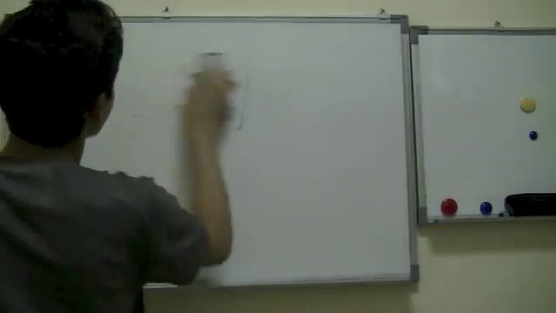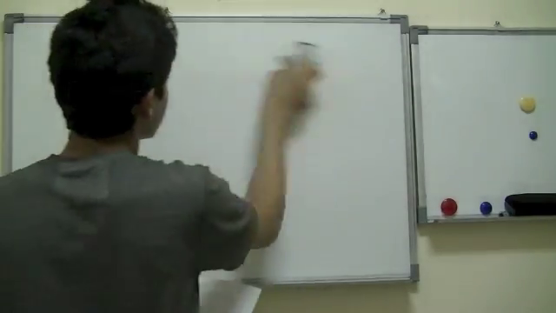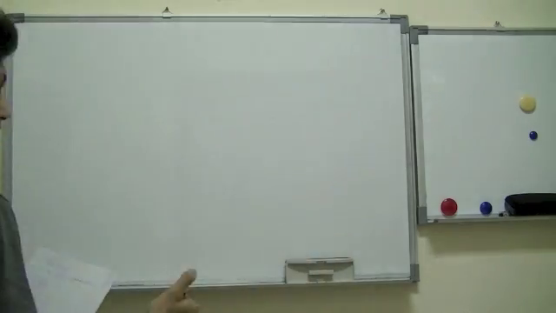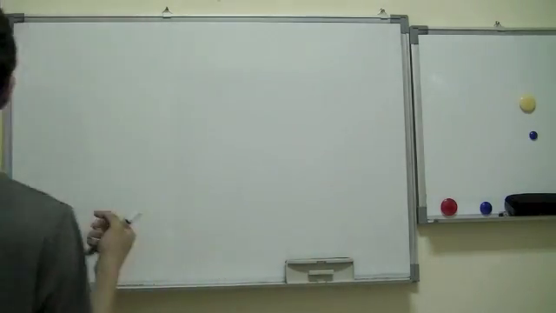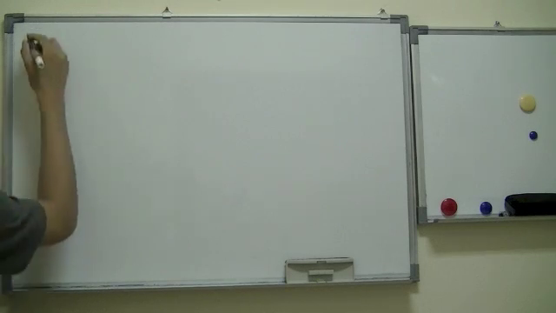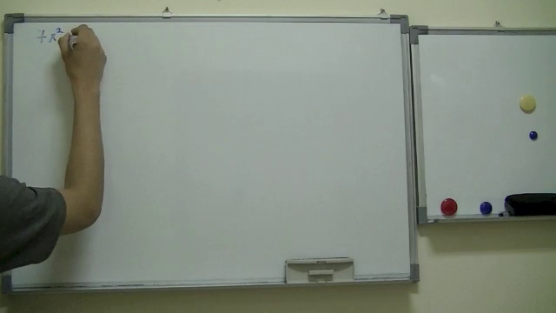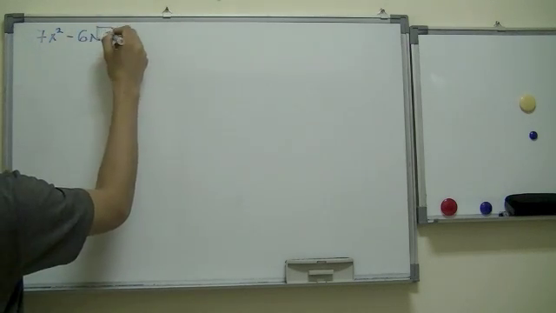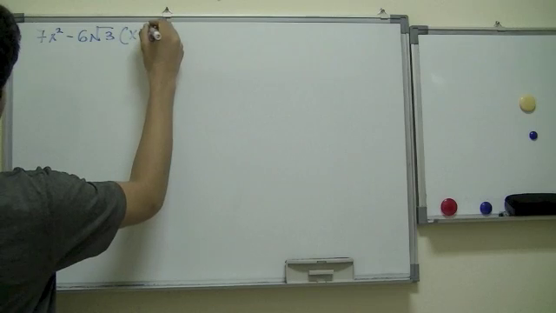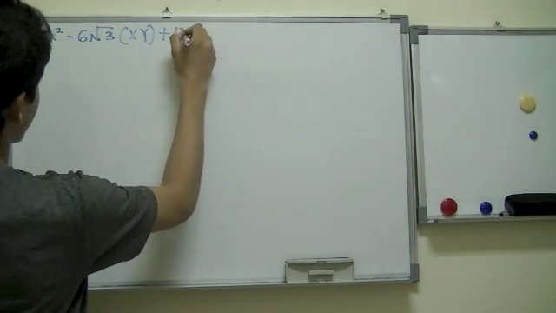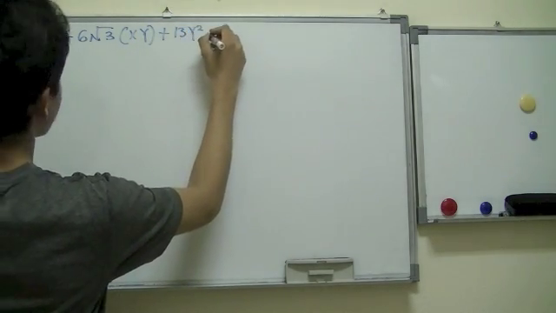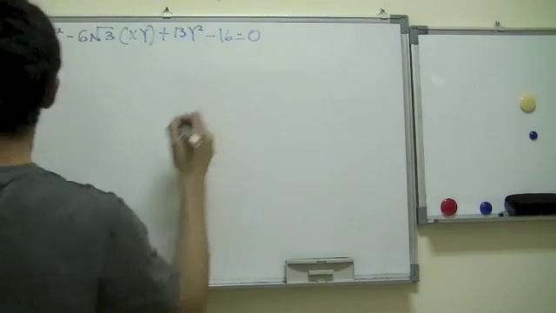And you can always rewind the video if you want to. Okay, so the next example, the general formula would be 7x squared minus 6 radical 3 xy, both in brackets, plus 13y squared minus 16 is equal to 0.